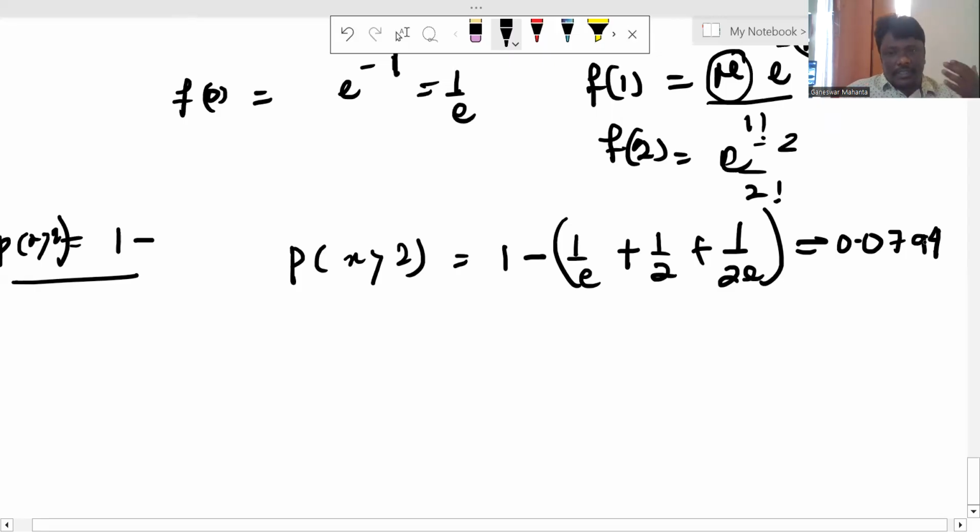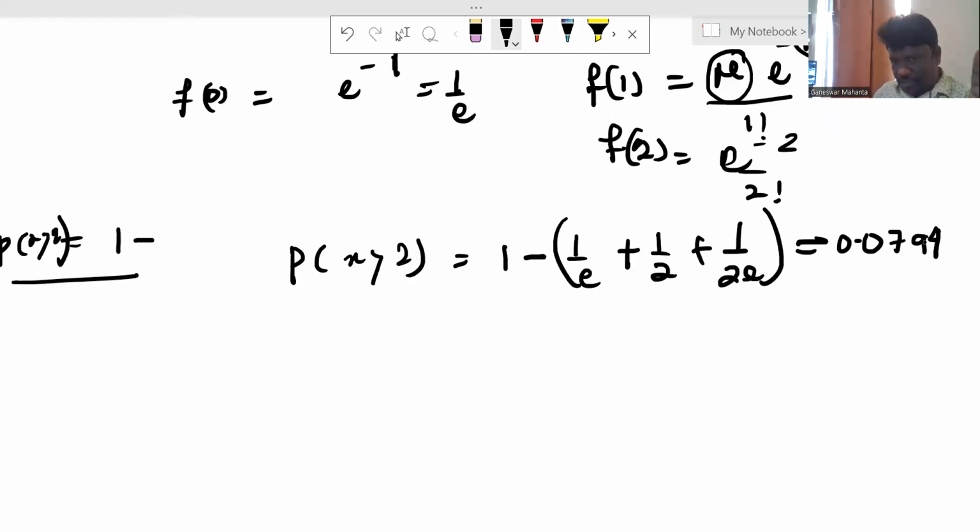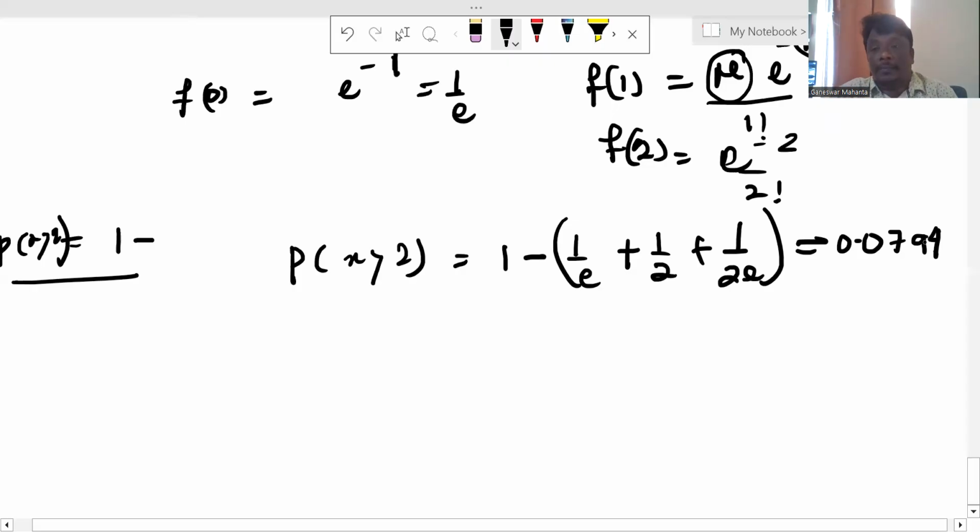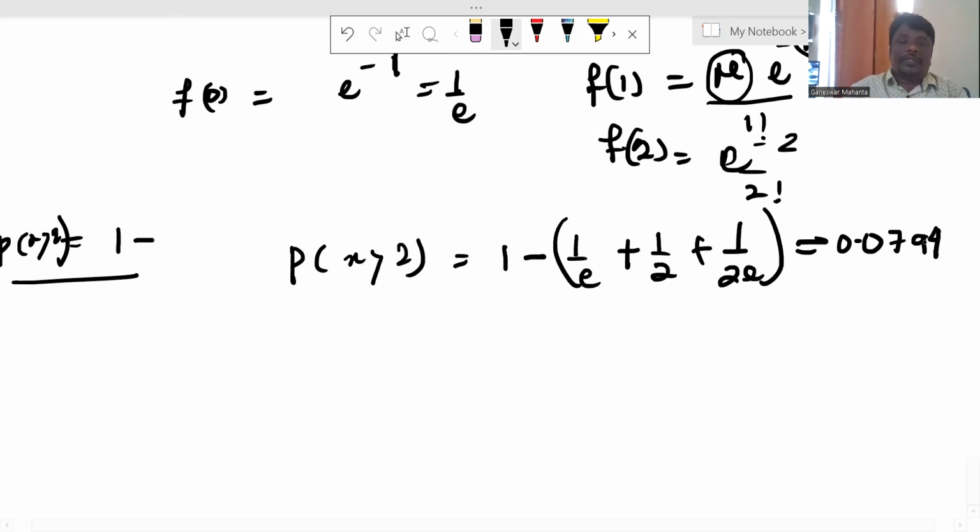So this is the case of the Poisson's distribution. Why is Poisson's distribution utilized, and what are the main applications of the Poisson distribution?